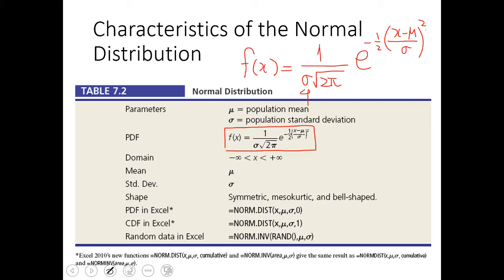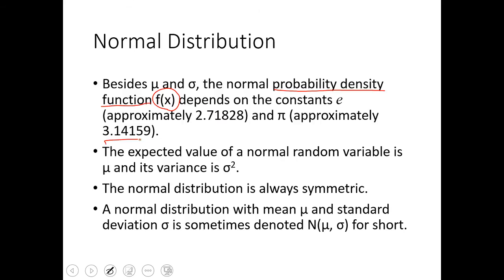This sigma and this mu are parameters, so they are free, and x is the variable. e is the exponential function, approximately 2.718, and pi is 3.14. We denote it by N(mu, sigma).